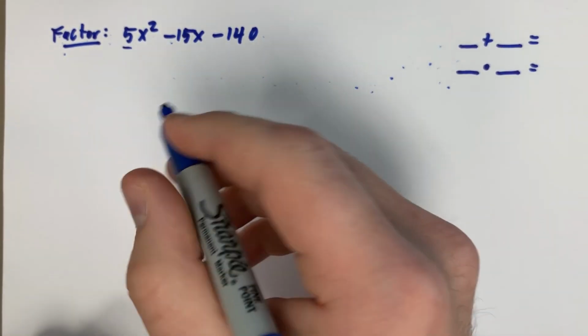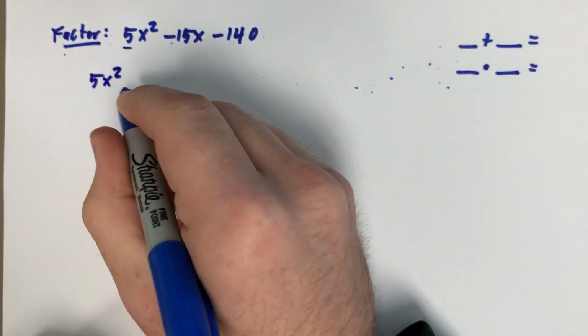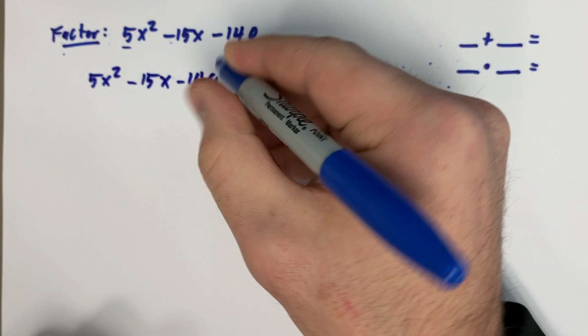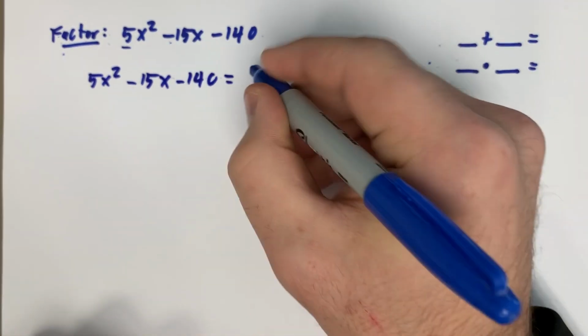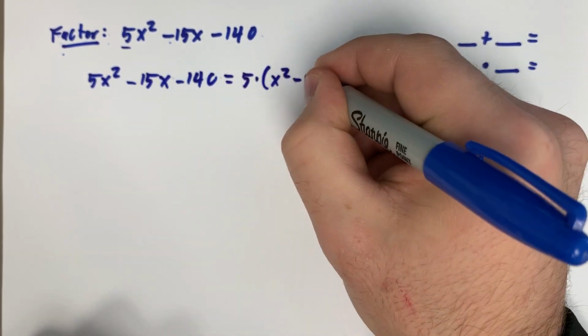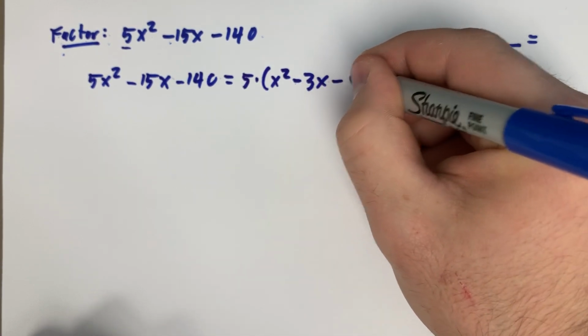So I can factor off that 5 by writing, let me rewrite this first. 5x squared minus 15x minus 140. And factoring off this 5 here, I have 5 times the quantity x squared minus 3x minus 28.